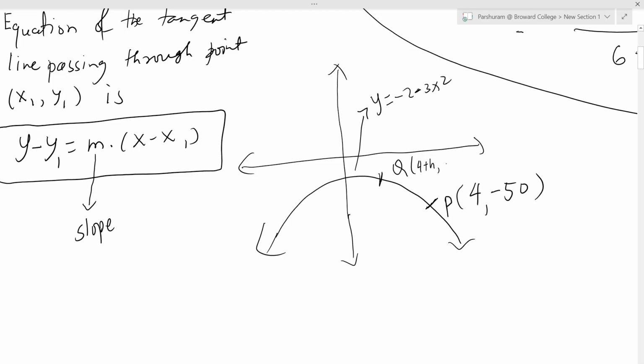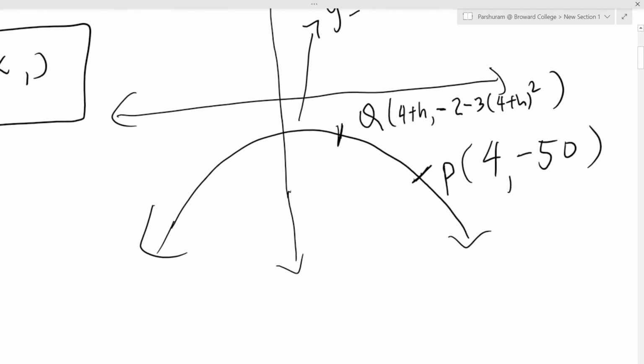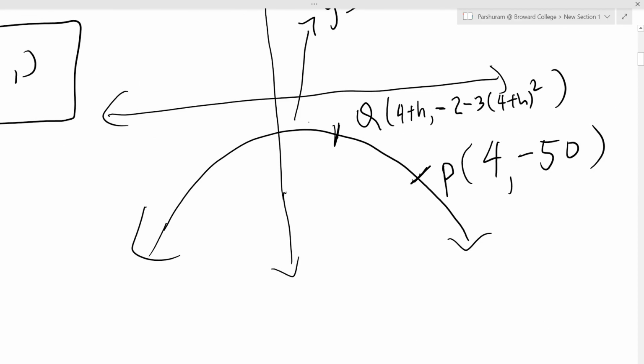So I can say this is -2 -3 times 4 plus h squared. You can see here for x, I'm just replacing x by 4 plus h. By doing that, now I'll be able to draw a line between these two points P and Q. You see this line?